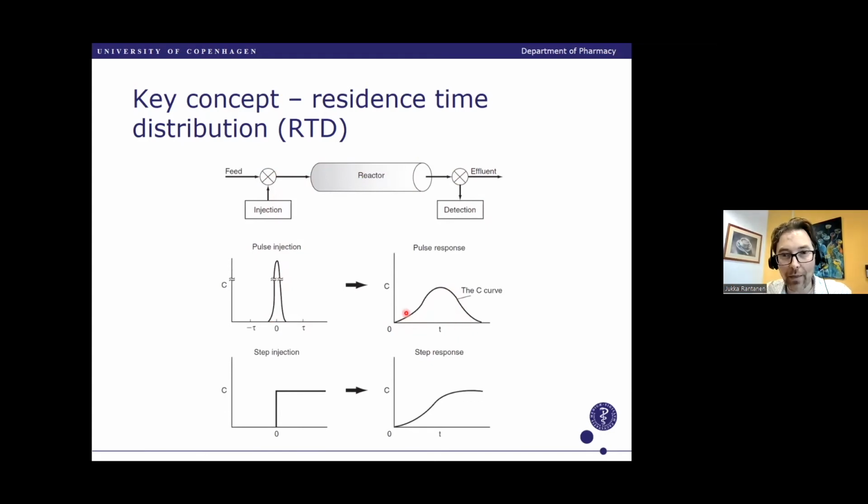This would be the residence time distribution of your material in this production geometry. You can also do something like step injection, so you have a step increase in the concentration of an analyte, and then you see how fast that step goes through the process. And then you can mathematically calculate the residence time distribution from this signal.